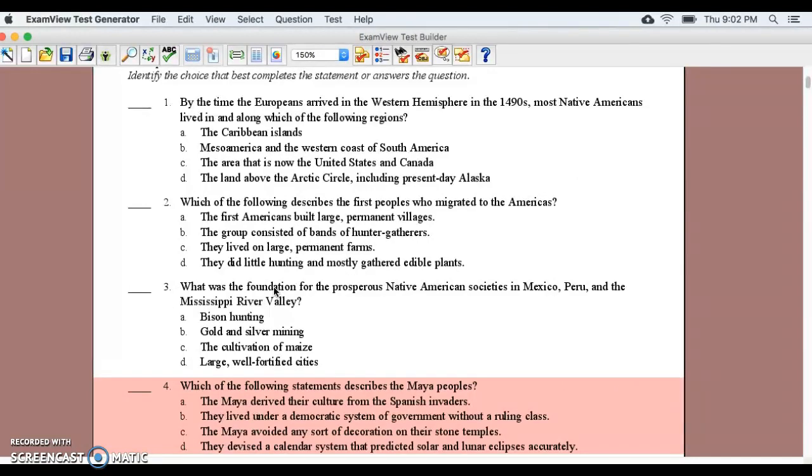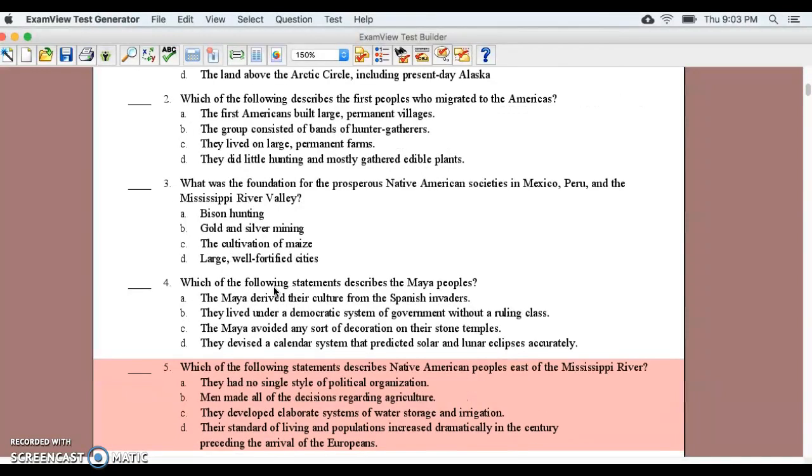Well, again, we can look that one up in the book, and definitely look into how the Maya, Inca, and Aztec civilizations were, and what left them susceptible, besides disease, to European conquest.